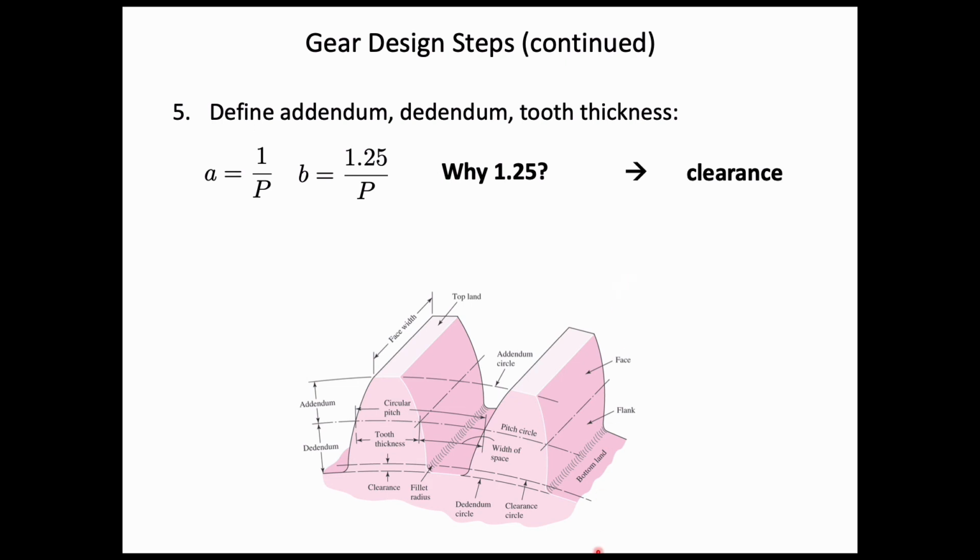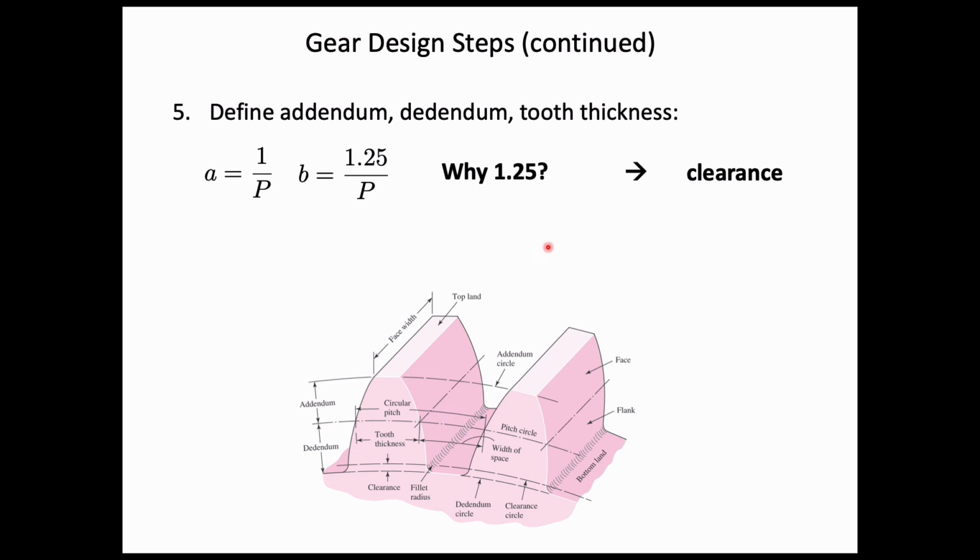So this difference between the clearance circle and the dedendum circle is made possible by using 1.25 instead of just 1 divided by p. If we used just 1 over p, then the top land of the meshing gear would be right up against the bottom land of the lower gear here.